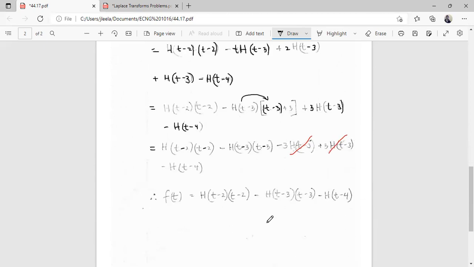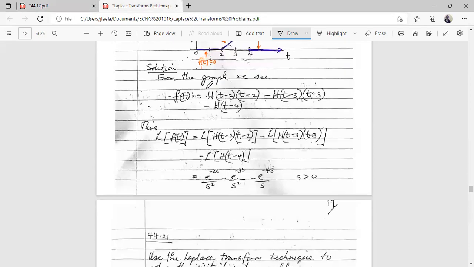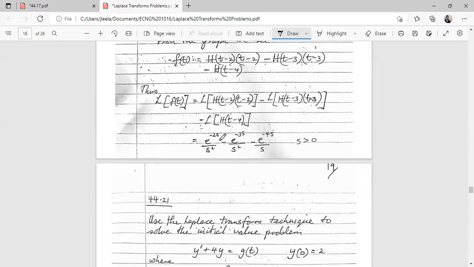Now once I have this form at the bottom, I can apply my Laplace transform. I have H(t-2)(t-2), H(t-3)(t-3), and minus H(t-4). So I take the Laplace of the first one, the second one, and the third one.